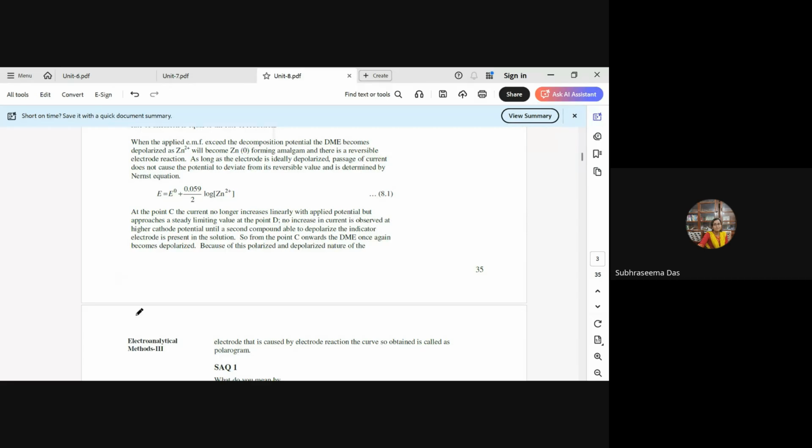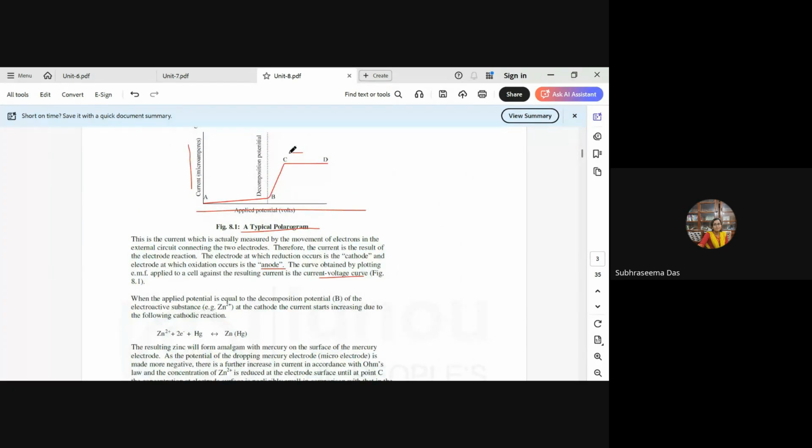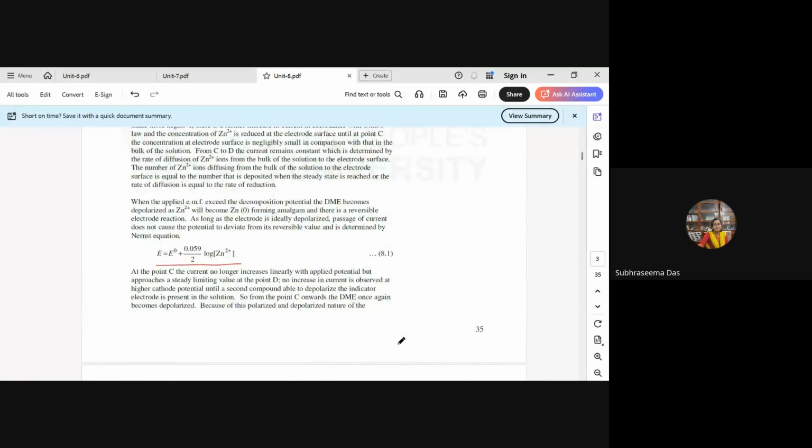If we apply the Nernst equation, we can write E is equal to E0 plus 0.059 by 2 into the concentration of Zn2+. At the point C, the current no longer increases and the plot becomes linear. At the point D, no increase in current is observed at the higher potential unless we apply a second compound.